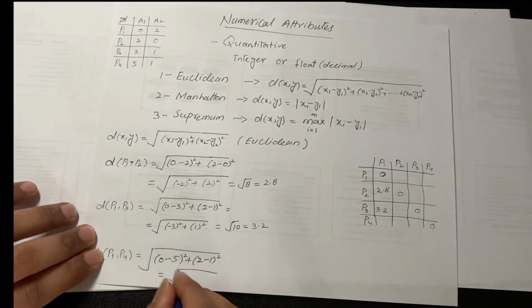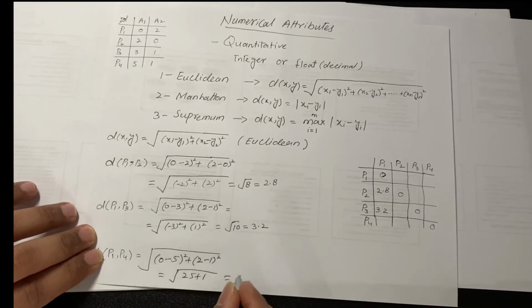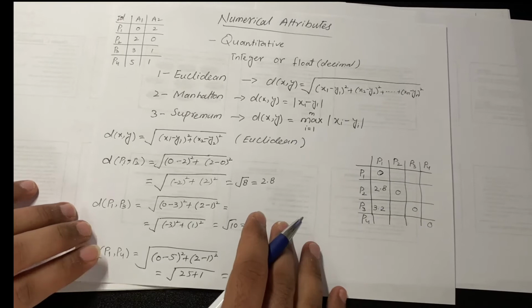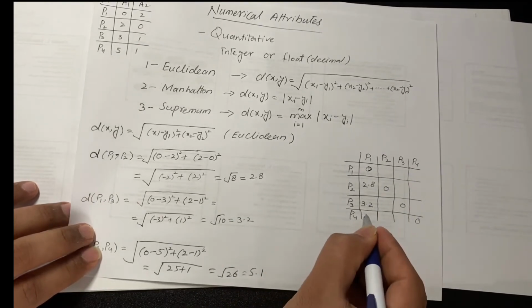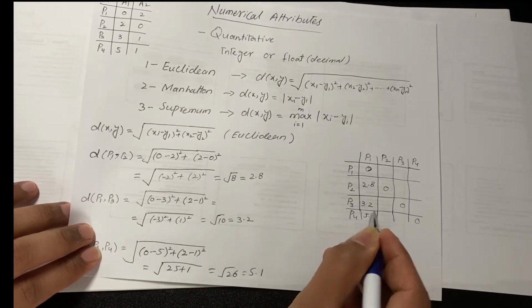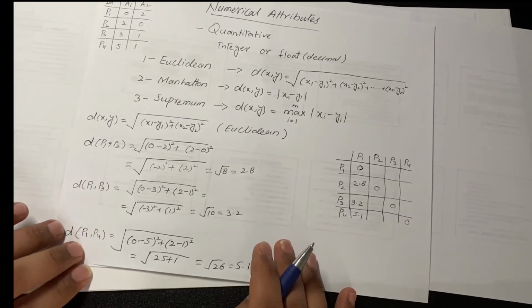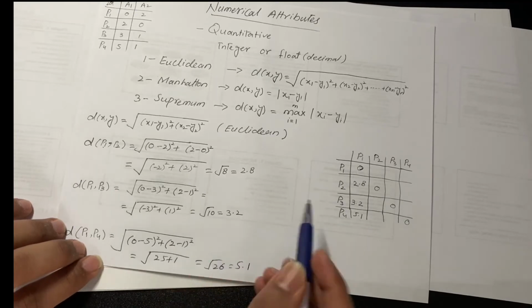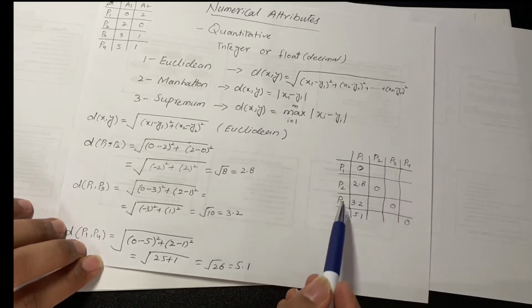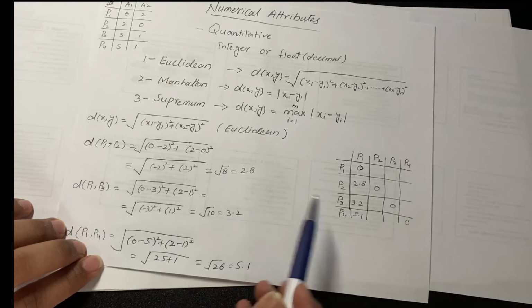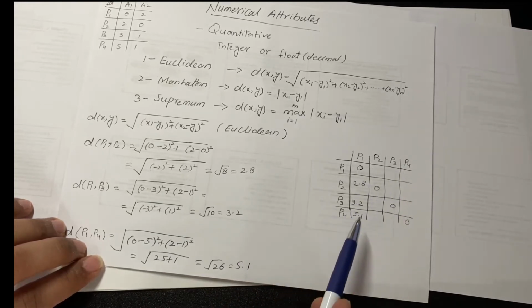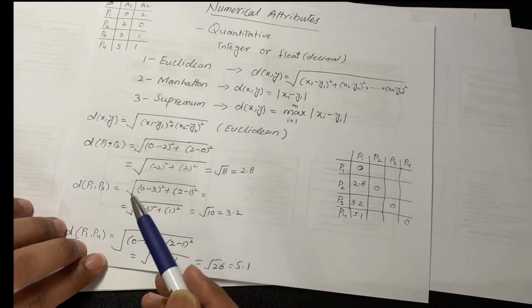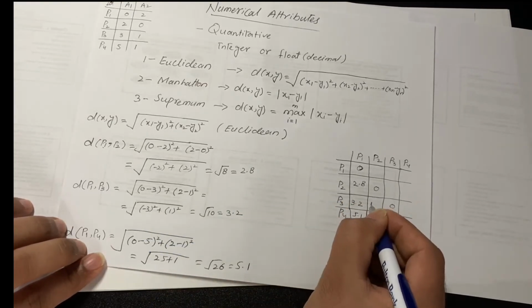The answer will be 25 plus 1, under root, square root of 26. It will be approximately 5.1. So we can find the values for P2 and P3, P2 and P4, P3 and P4 using this formula. So I'm just putting the values directly here.